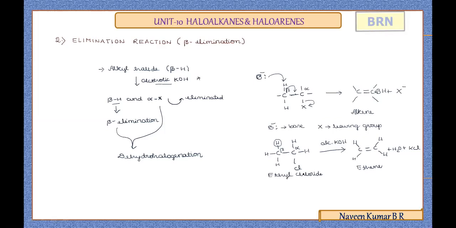Now the actual concept we require to understand from the NCERT syllabus point of view is for unsymmetrical alkyl halides, how the alkene is obtained, or if two different types of alkenes are formed, which will be the major product and which will be the minor product. That was explained by the scientist Alexander Zaitsev.